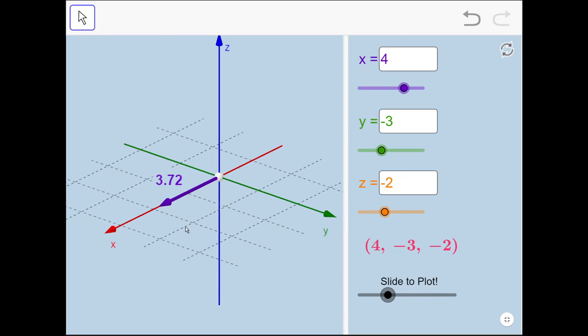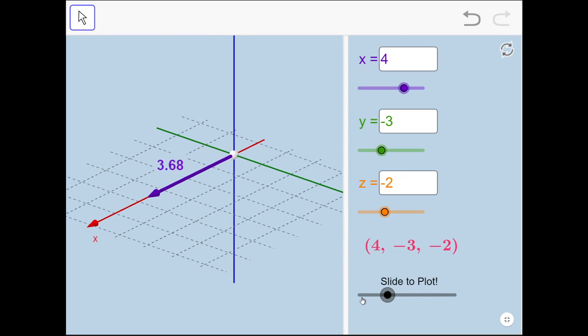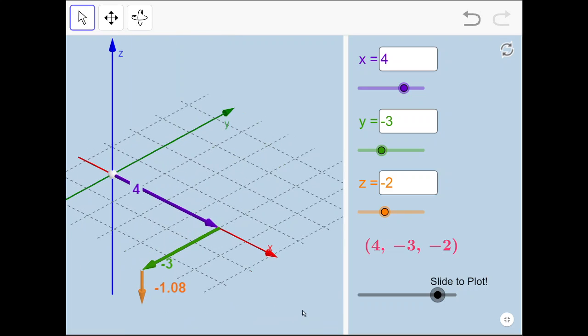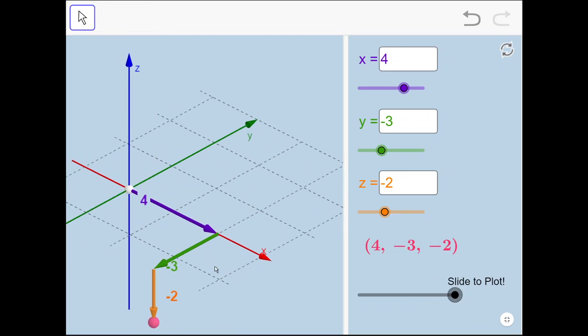So this is 4. Then for y, we need to go -3. That means going in the negative direction of y. Then we are going down 2 units, and that is your point: 4, -3, -2.